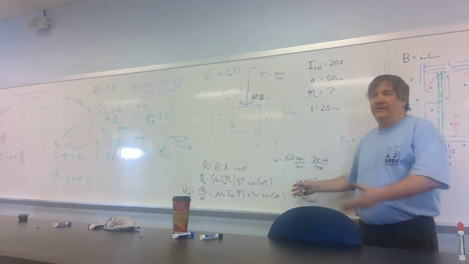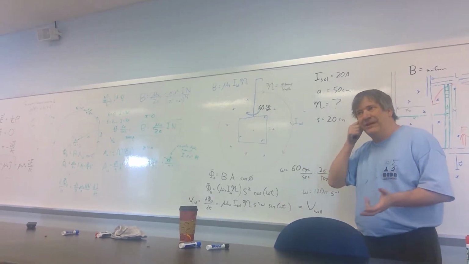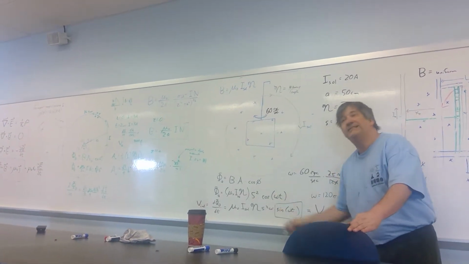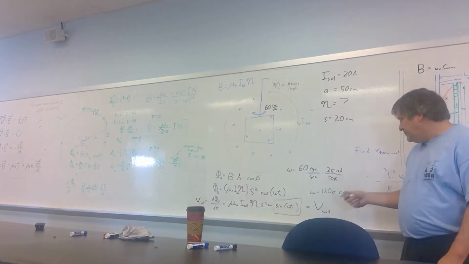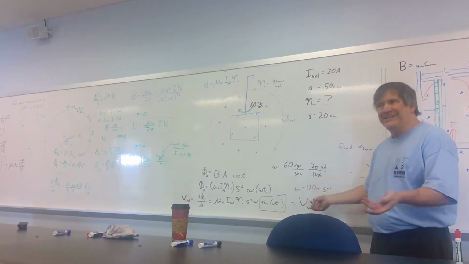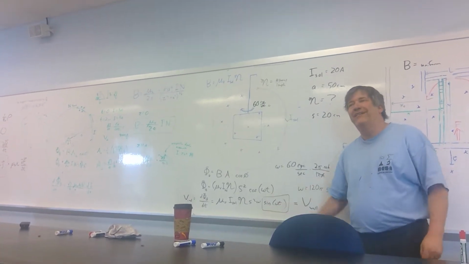Yeah, the omega t has to be like 0, 90 or 270 or something. But what are the most extreme values that this whole expression hits? Plus and minus 1. So if I'm trying to say I want the maximum voltage this thing hits during a cycle to be 110 volts, then I just set sine omega t equal to 1.